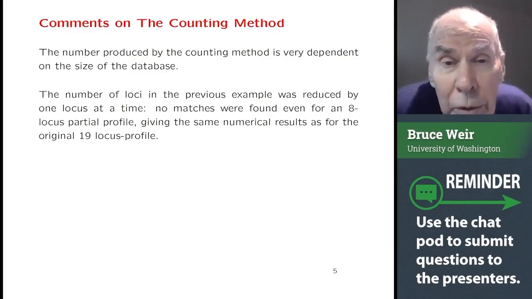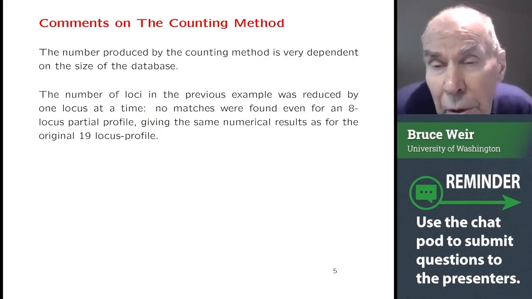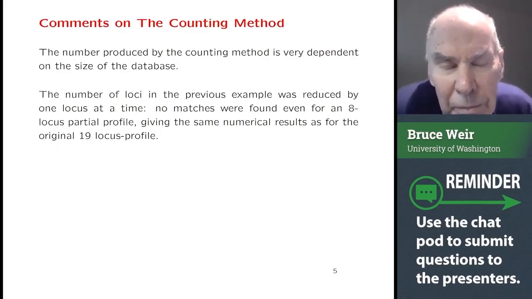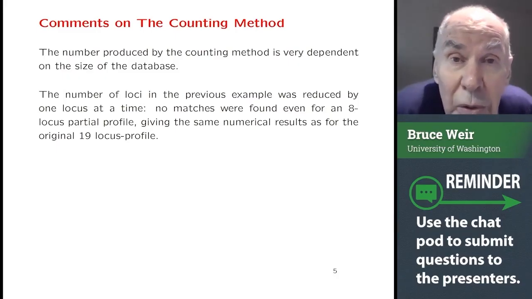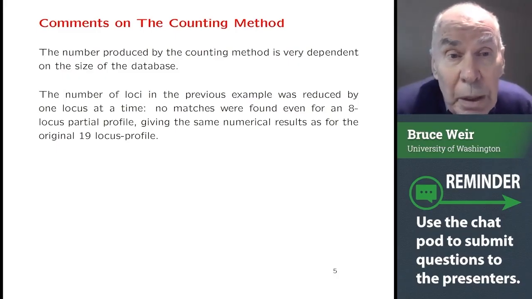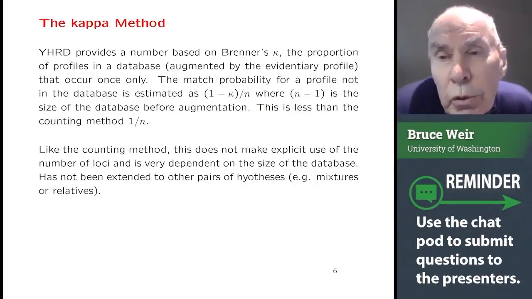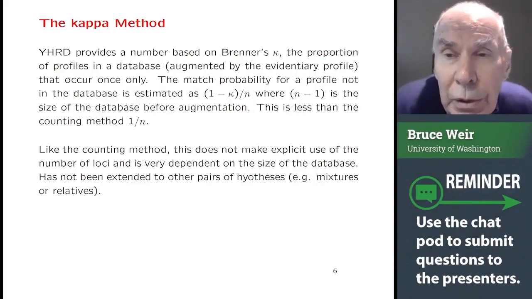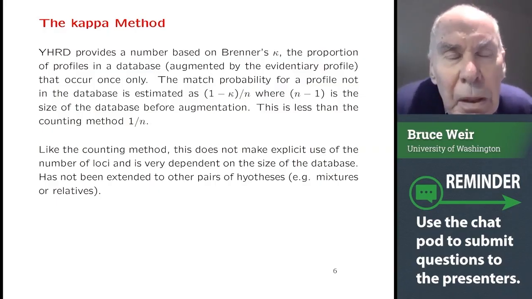So whether there was 8 or 19 loci, the counting method gives the same answer. And that seems to be a pity, because we would certainly believe, I think, that the 19 locus match is much stronger than an 8 locus match. So that's certainly a very common method. It's valid, but I don't think it really addresses the forensic issue.